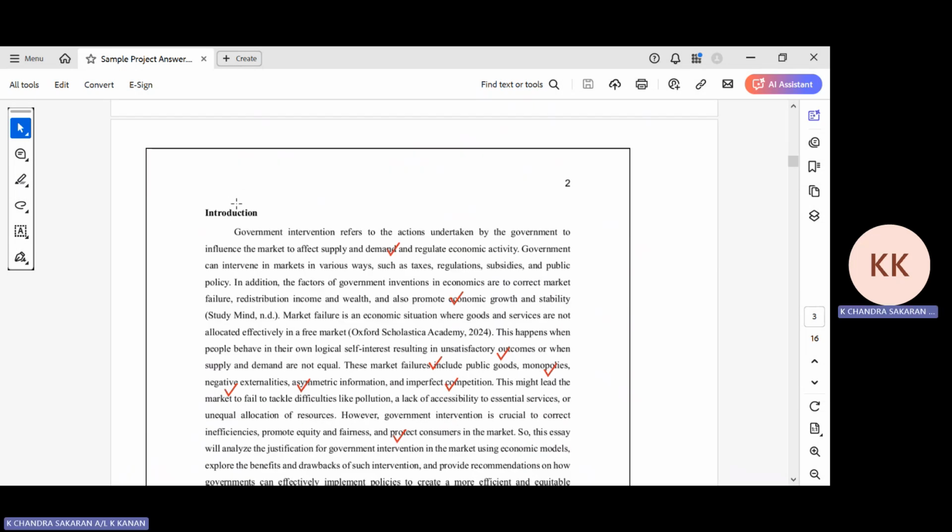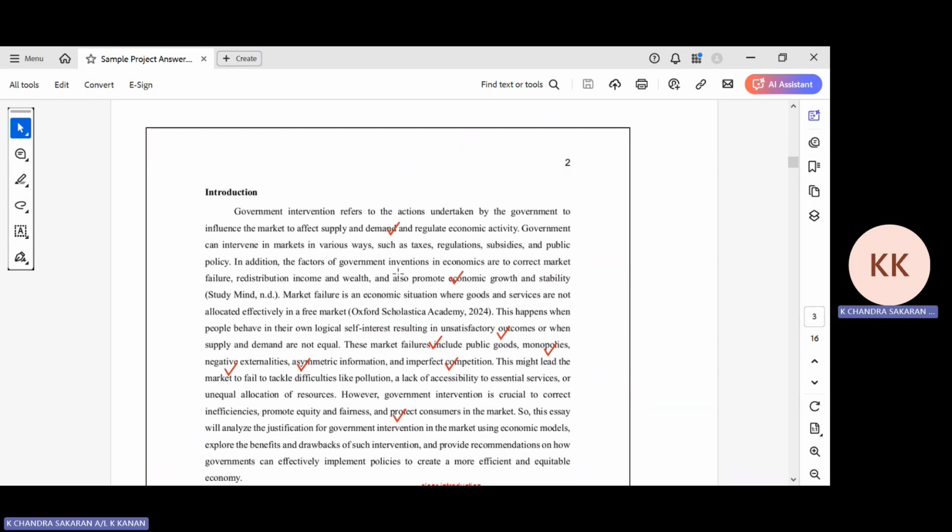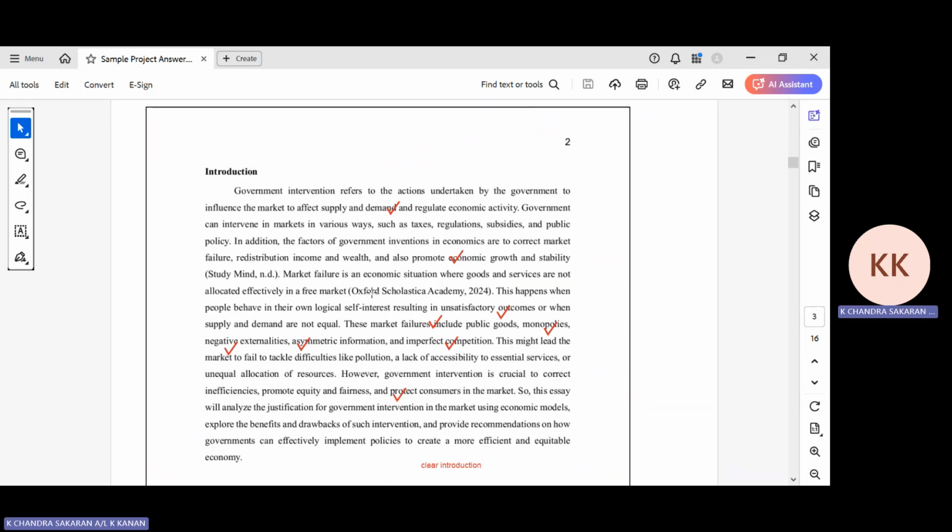Every part, these are all given in your project structure. The structure of your project will tell you how you structure your project. Introduction. This is what I call in-text citation.